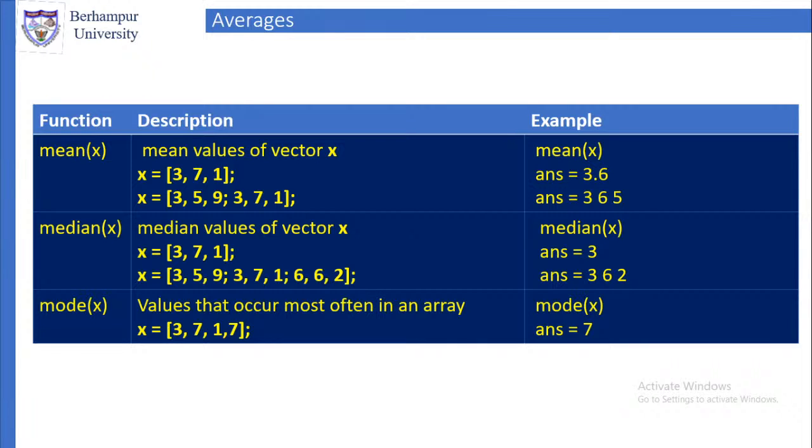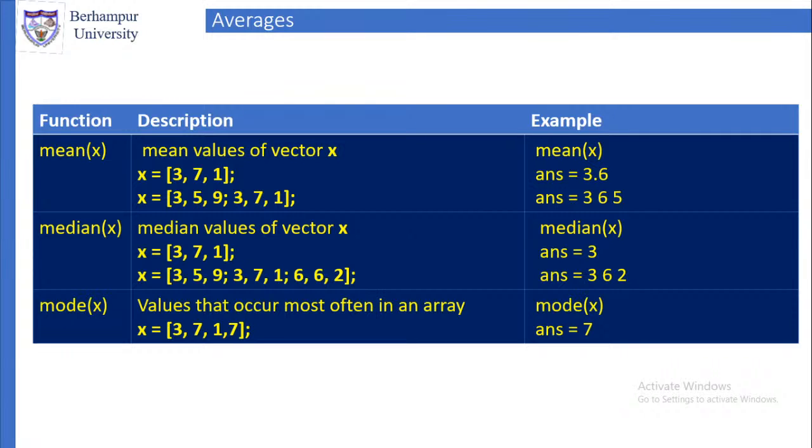Otherwise, if you have an even number, divide by 2, go to the number at the position you get by dividing by 2, and average it with the number in the next higher position to get the median. So this is how you get the median.